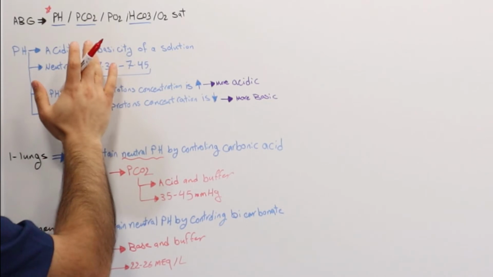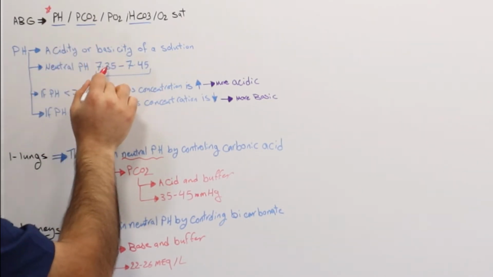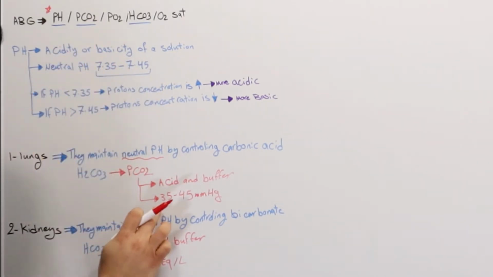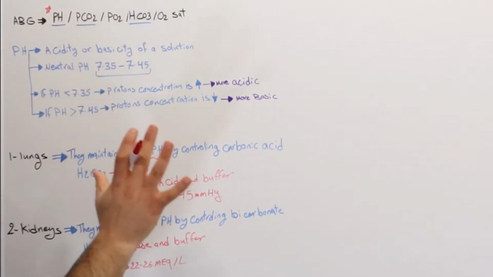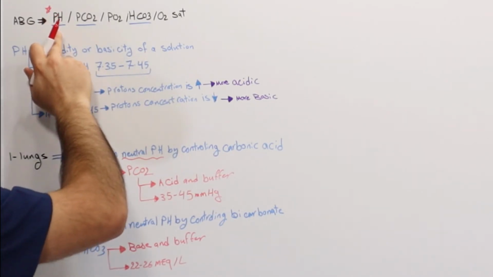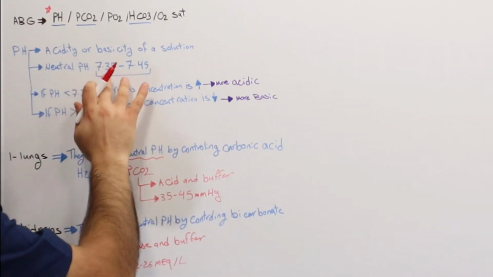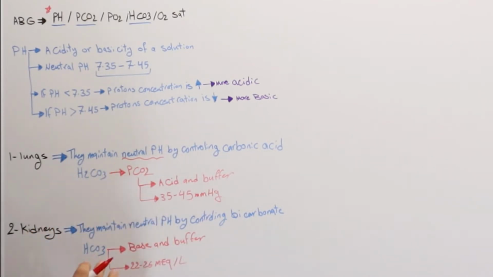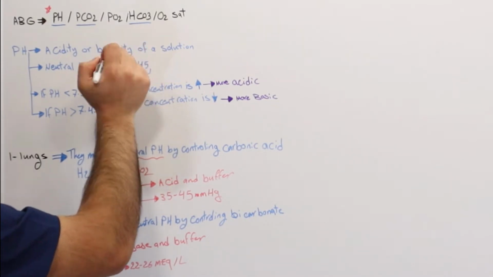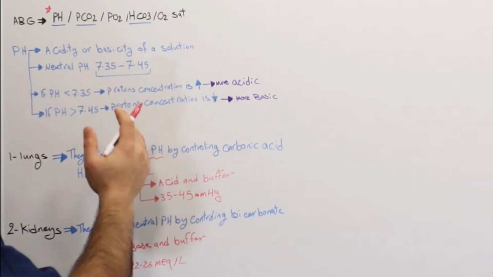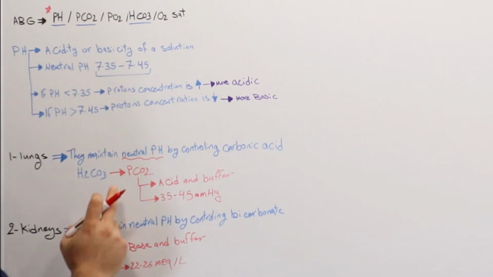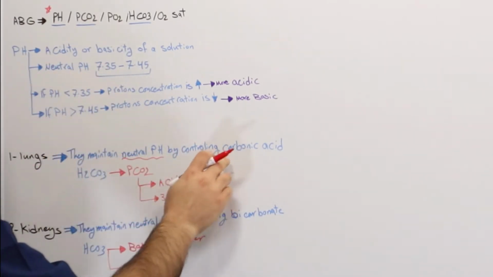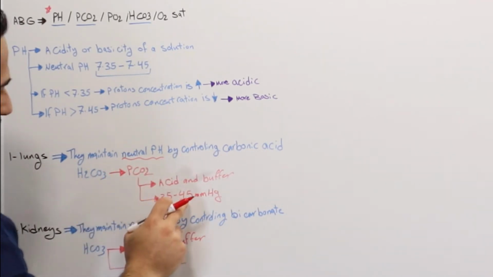Just taking the decimal place and the 7 away leads me to 35 to 45, exactly the reference number for PCO2. So you can remember these pretty easily by memorizing the pH, knowing the neutral pH is between these two numbers, and then memorizing the bicarbonate, which is 22 to 26. You can tell all three just by knowing the pH and the bicarbonate, because the CO2 is 35 to 45.